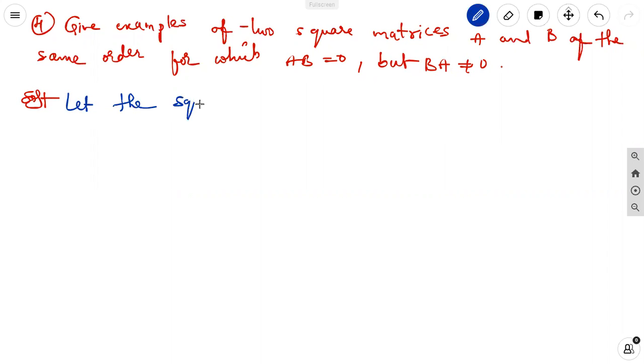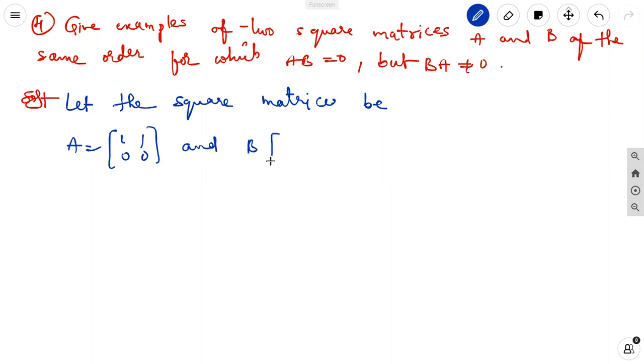Let the square matrices be A equal to [1 1; 0 0] and B equal to [0 0; 1 1]. Just check it. The AB product is row into column.